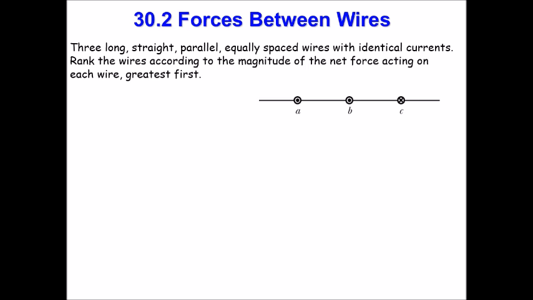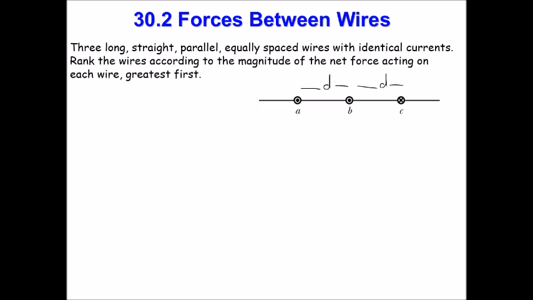Here the current is coming toward you, out of the board, and here you see the cross, so the current is moving into the board. So the symbol shows you the direction of current. And these wires are spaced, let's say, with the same distance d. Rank the wires according to the magnitude of the net force acting on each wire, greatest first.